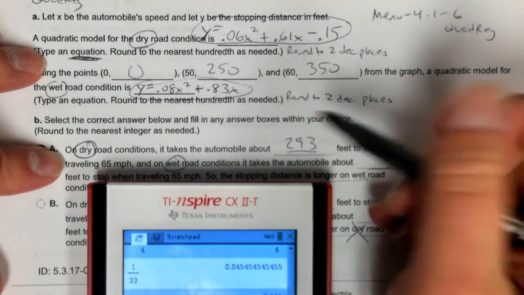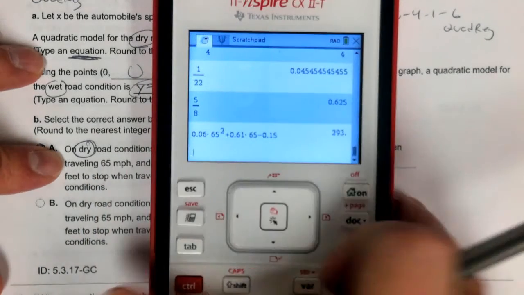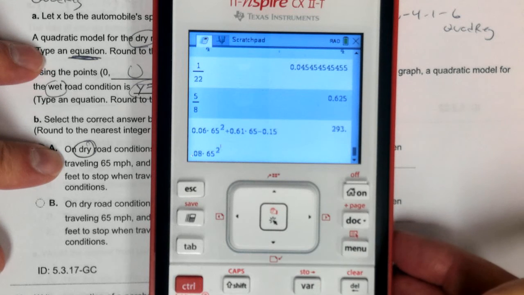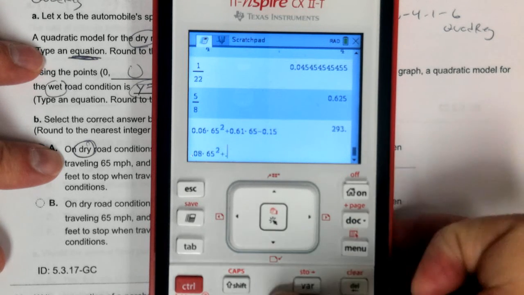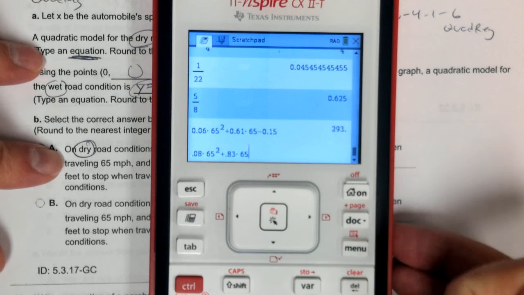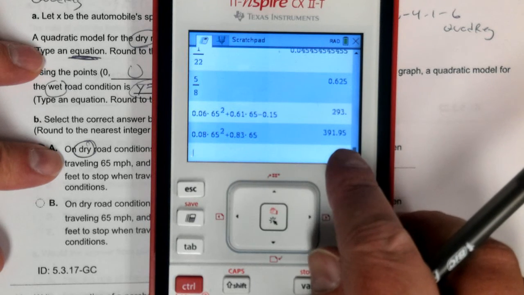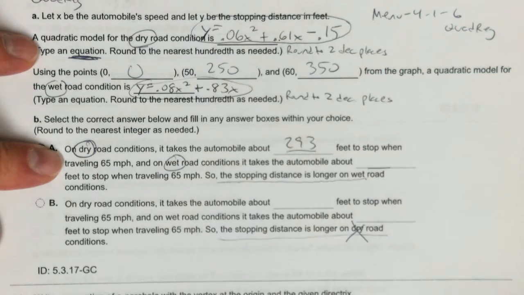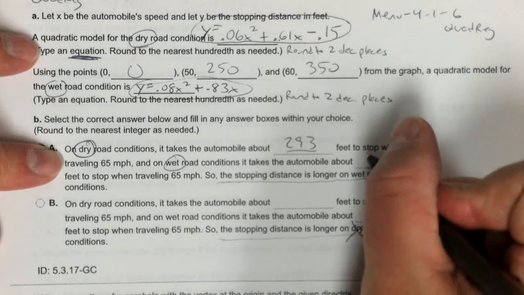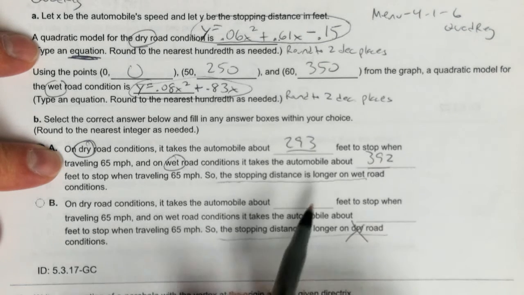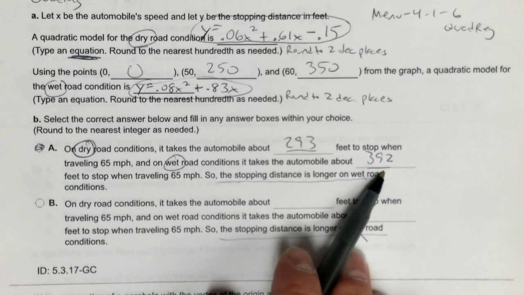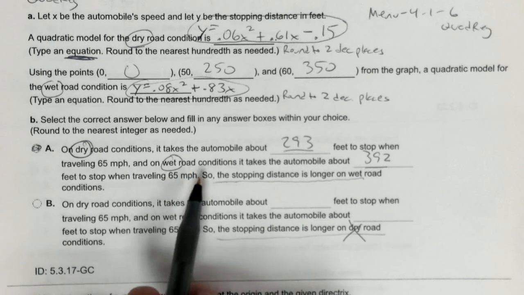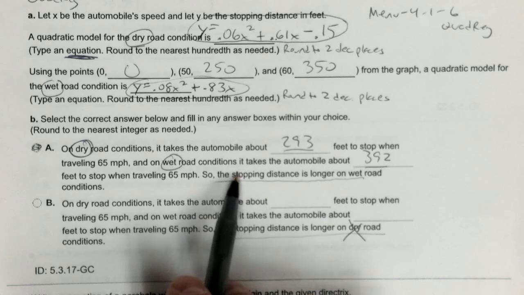The next one, wet, would be 0.08 times 65 squared plus 0.83 times 65. That gives you 391.95, so 392. So that's about an extra 100 feet. So that's why whenever it's raining, or if it's icy even, make sure y'all drive slower.